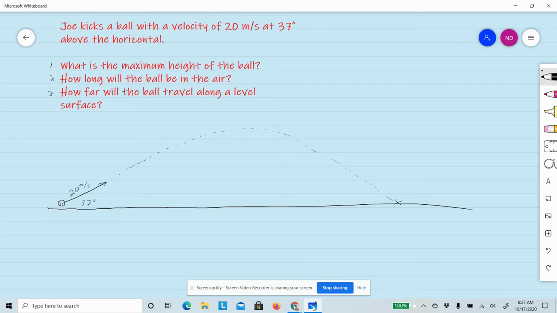How long will the ball be in the air? We want to know what's the maximum height. We want to know the time it takes to get to here. We want to know the range. This horizontal distance is called the range.